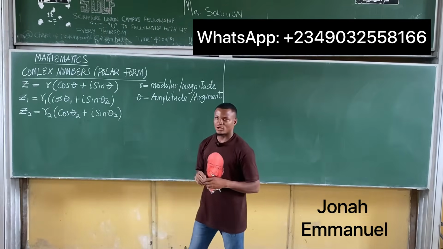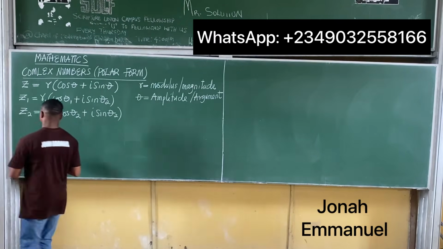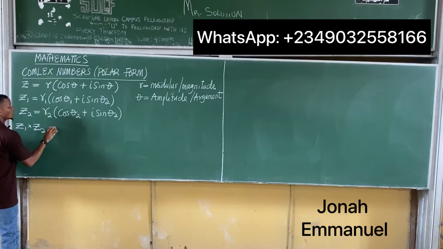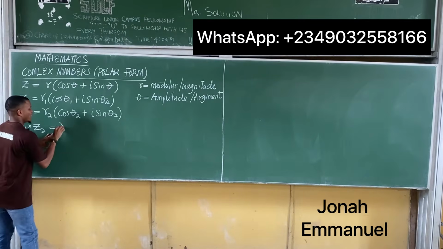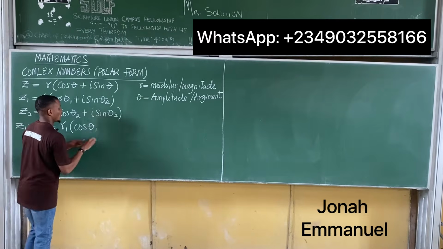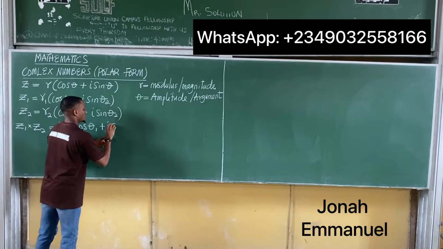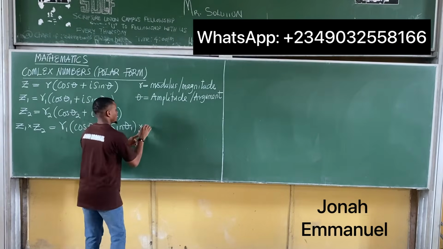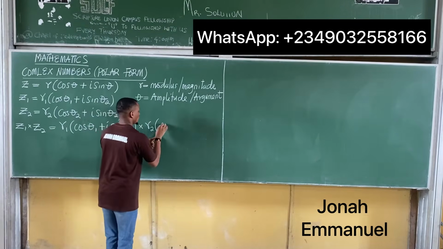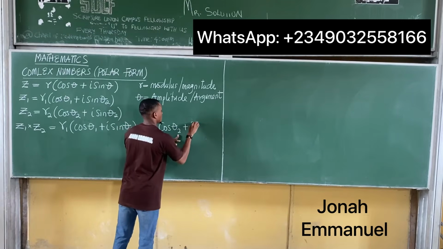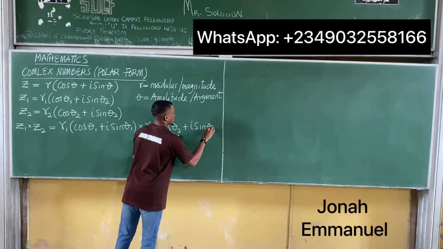If I were to find their product, z1 times z2, or simply z1 z2, it will be equal to this multiplying this. That will be r1 into cos theta 1 plus i sine theta 1 multiplying r2 into cos theta 2 plus i sine theta 2.